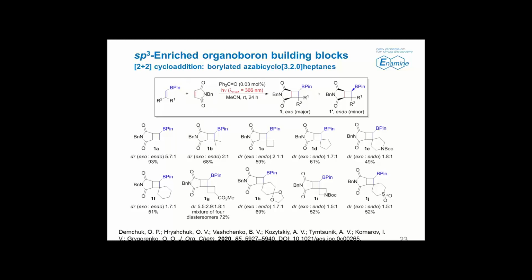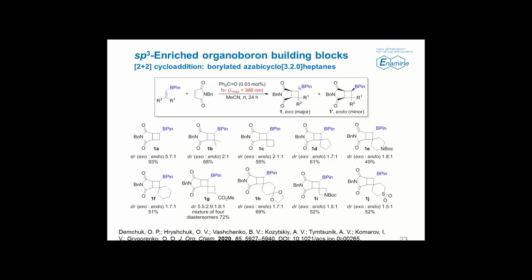Reactions of this type were studied thoroughly with other substrates by the group of Pavel Mikhailuk, who is also working here at Enamine, and we have used their conditions to introduce the corresponding organoboron derivatives, and indeed these conditions worked very well.